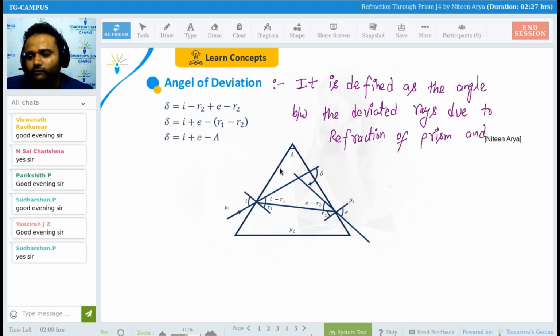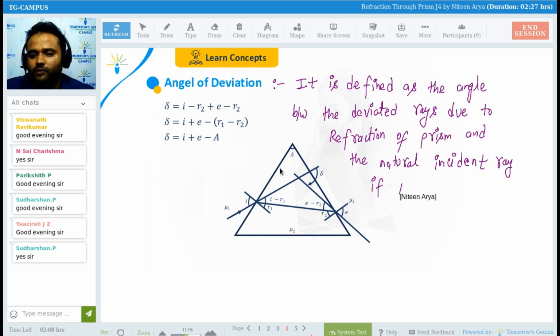I mean, due to refraction of the prism and the natural incident ray. I write it down: between the deviated rays due to refraction of the prism and the natural incident ray if the prism is absent.